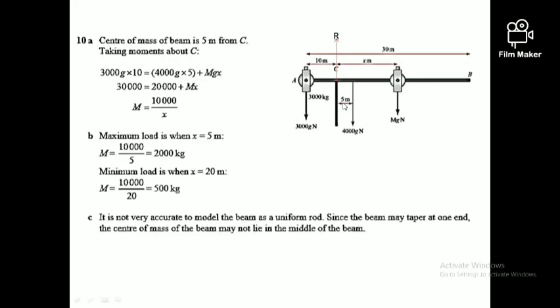Then the maximum length you can go from here to here is 20 meters. Why? The total length is 30. If this length is 10, this should definitely be 20. So if you put x as 20, you will obtain the answer as 500 kilograms. Out of these two, therefore, the weight you can add over here would be between 2000 and 500 kilograms. That is what you need to understand from this question, right?